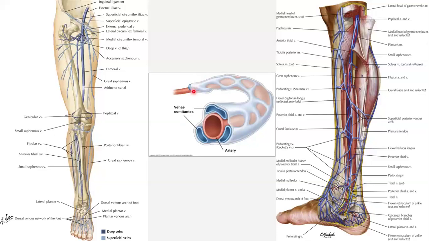So the veins below the level of the knee tend to be in the form of comitantes. So we talk about anterior tibial vena comitantes, posterior tibial vena comitantes, dorsalis pedis vena comitantes, and so forth. What's the importance of vena comitante? Two things. Remember, these veins still have valves.